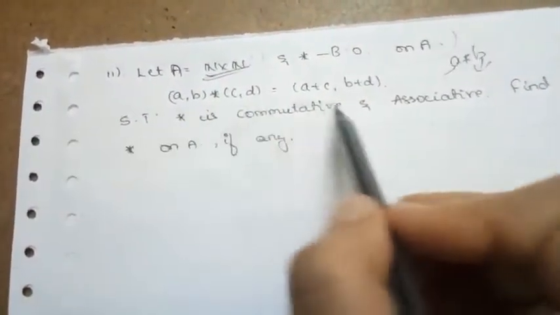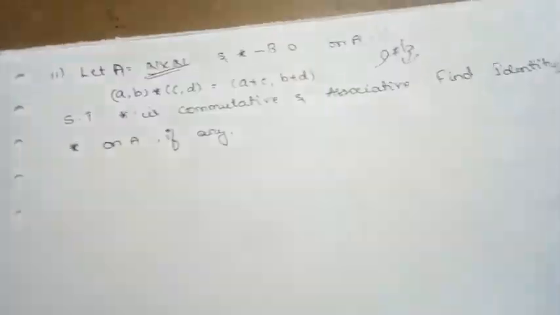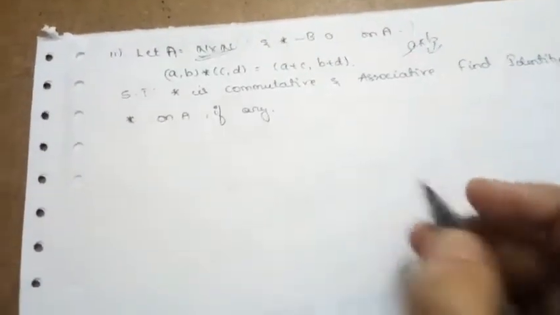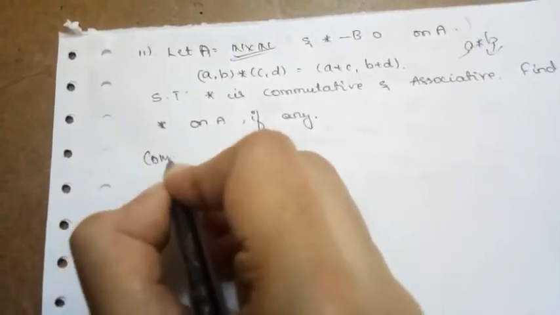Now we need to show that it is commutative, associative, and find the identity element of star if it exists.